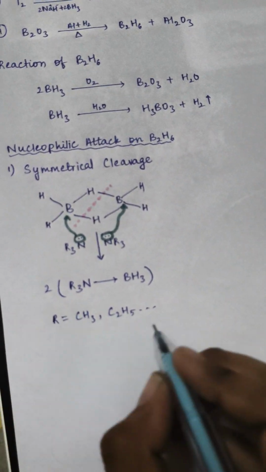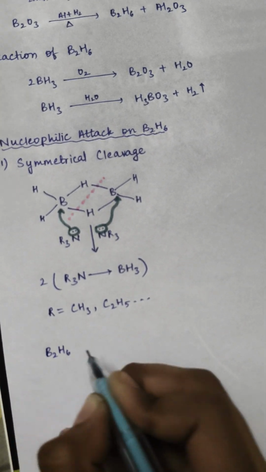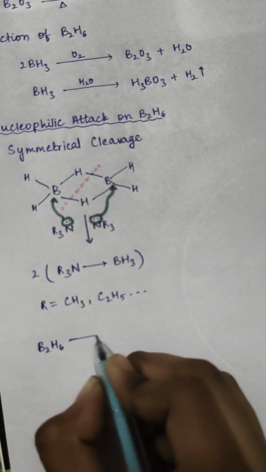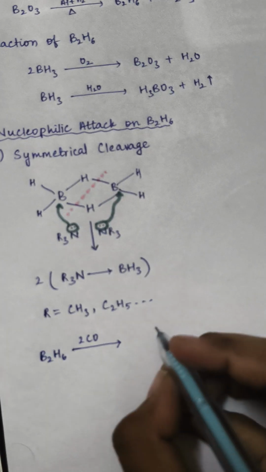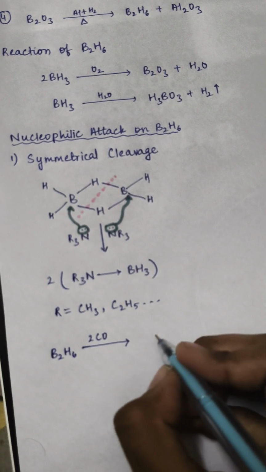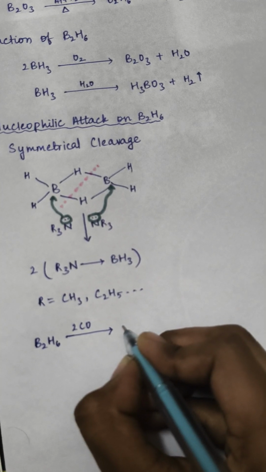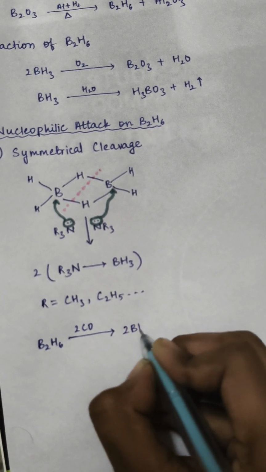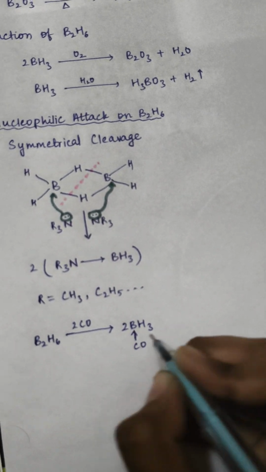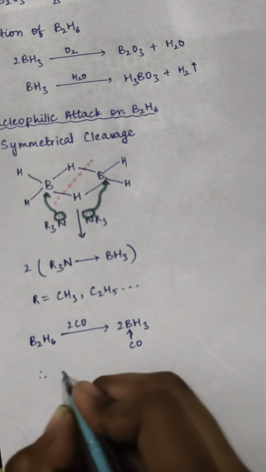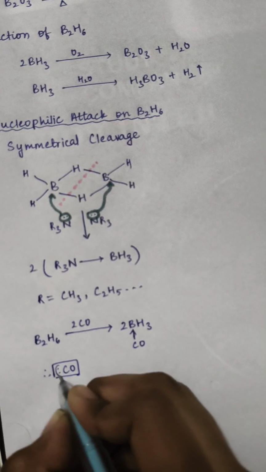And one more that you should remember in this example is B2H6 with 2CO gives rise to two BH3 and coordinate bond CO. So basically here C has a lone pair, so that's the point here.